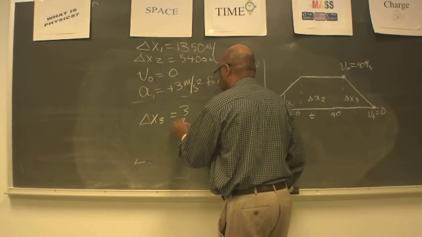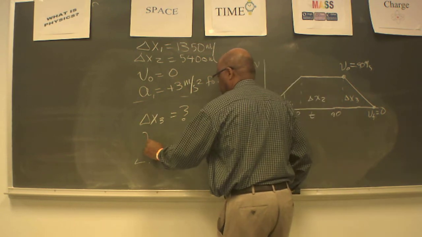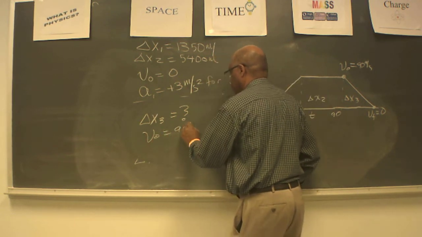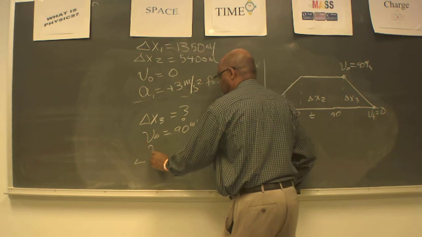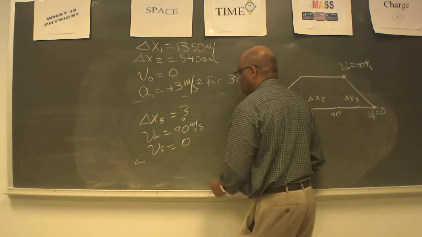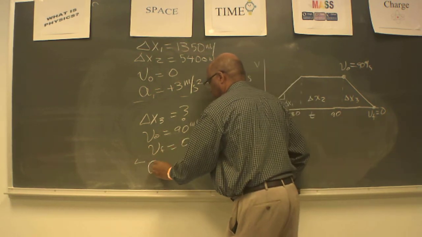The givens: your initial velocity, your final velocity, and your acceleration.